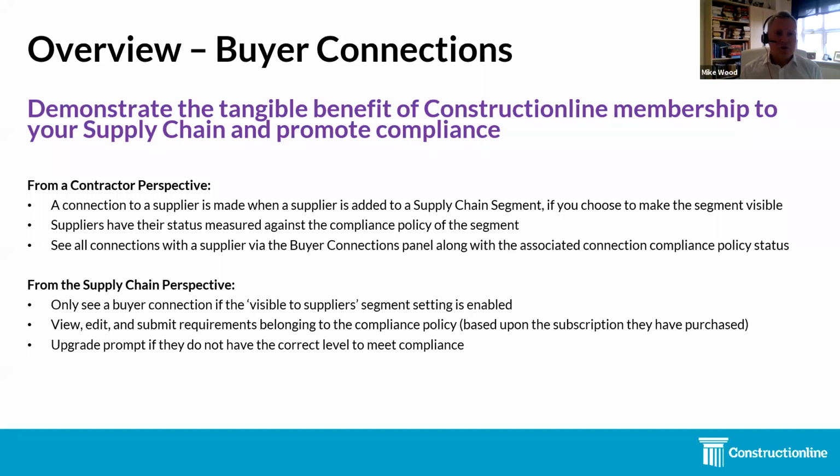So from a contractor perspective, a connection to somebody within your supply chain is made whenever that supplier is added to a supply chain segment. And if you choose to make that segment visible, obviously you've still got control. You can put suppliers within segments and choose not to make it visible, maybe because you're still not quite ready or you're going through a particular shortlisting process. Suppliers then will have their status measured not only against the Constructionline levels, bronze, silver, gold, or platinum, but actually the compliance policy that you have chosen for that particular segment.